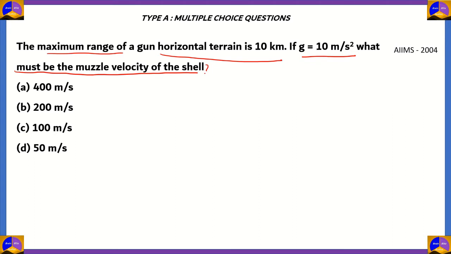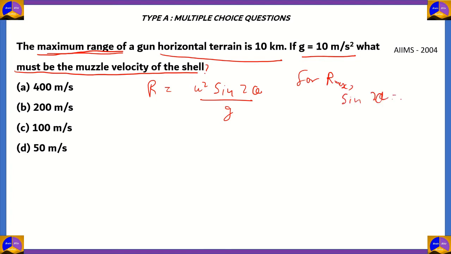So now we use the formula r equals u squared sine 2 theta divided by g. However, the question is stating that the maximum range is 10 kilometers. For maximum range, r max, sine 2 theta must be equal to 1. So therefore, r max will be equal to u squared by g.